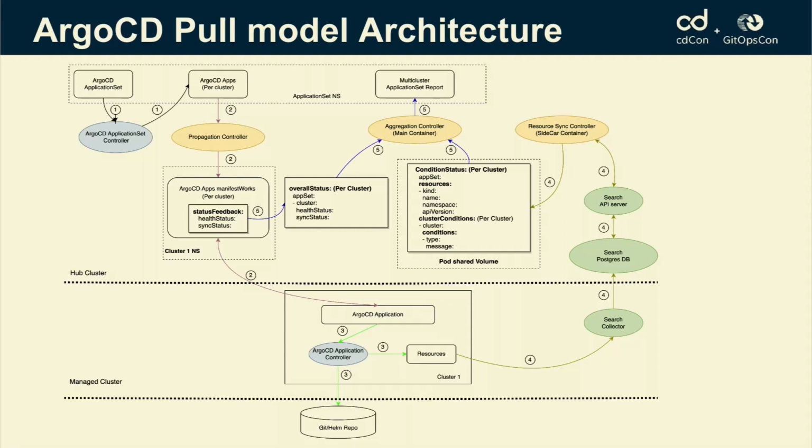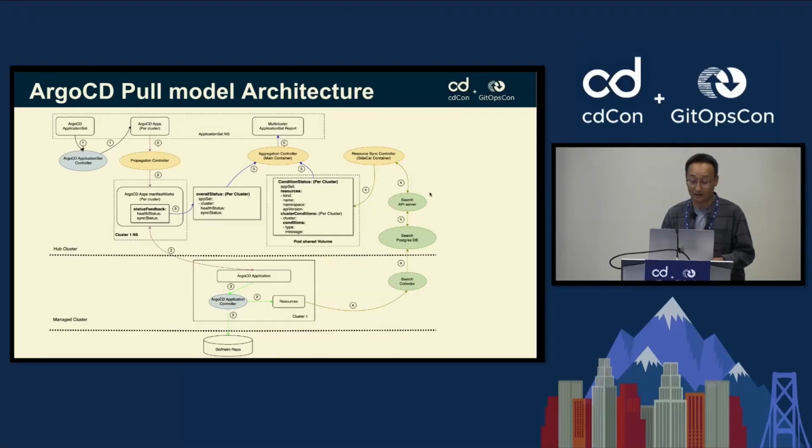Then we collect it into the database, and we have an aggregation controller to finally aggregate all the status, including the overall status and the per cluster condition status, and then we combine them into one final resource. That's the new CRD we introduced in the pull model. We call it a multi-cluster application set report. So that's also located in the original ArgoCD application set that the user created.